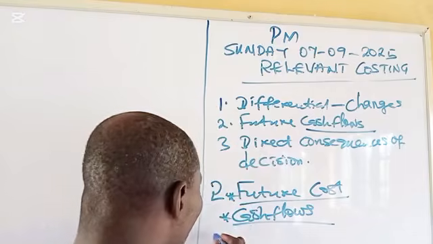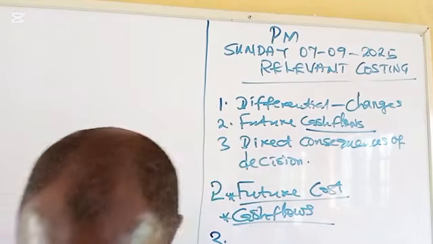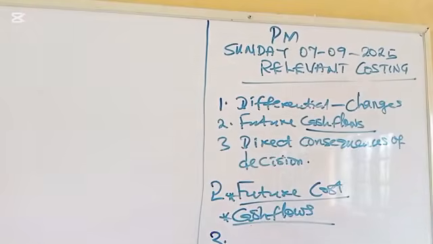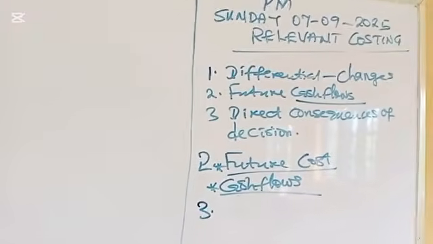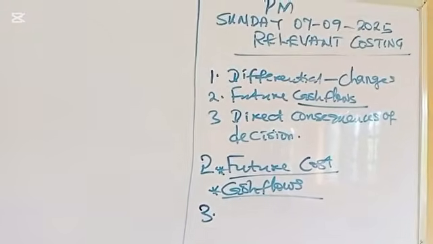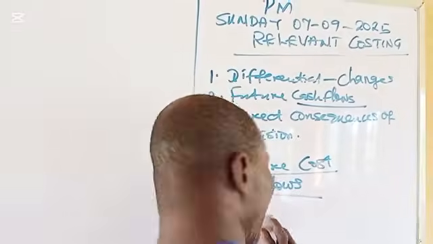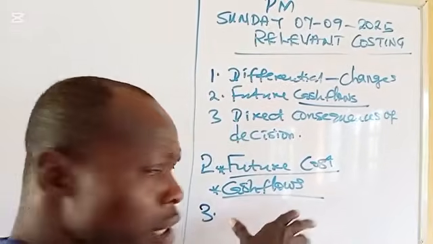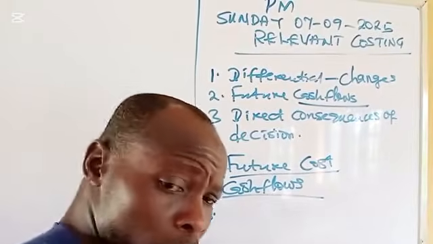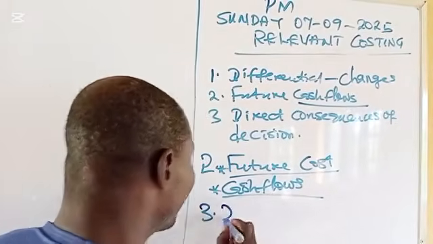So, number 3 concept is direct consequences of decision. What does that mean? By direct consequences of decision, it means the purpose for which those costs are incurred must be because of the product or project under consideration.